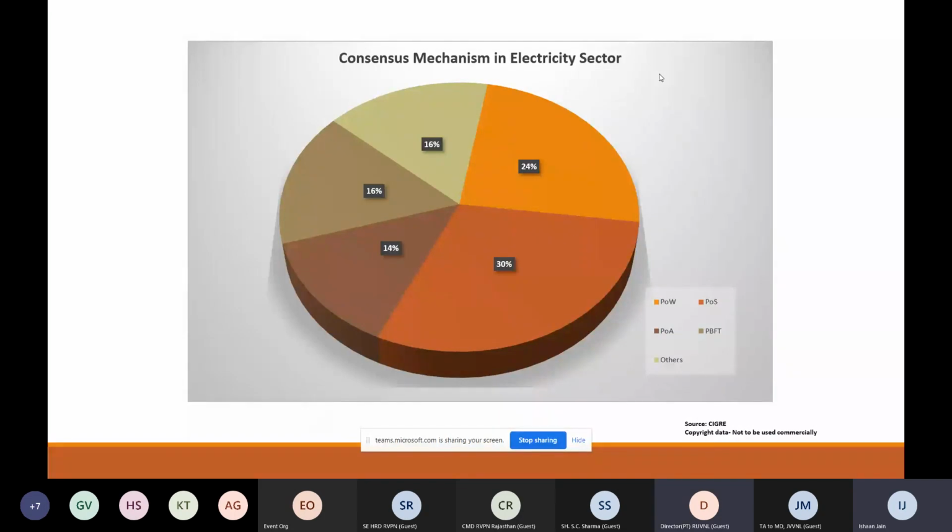PBFT is practical Byzantine fault tolerance. In that case, suppose some nodes are suspects, doing some suspicious transactions. Your system will work definitely, but it will work at a lower speed. In that case, you need to identify those suspicious nodes, and for that identification you need to adopt the PBFT mechanism.